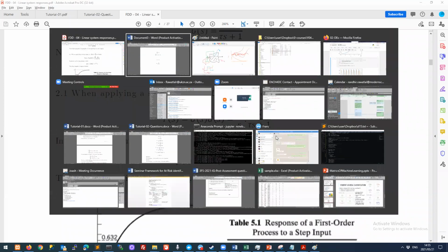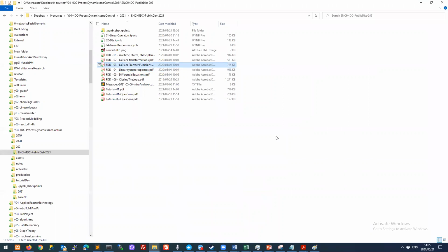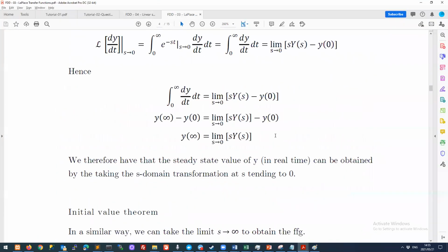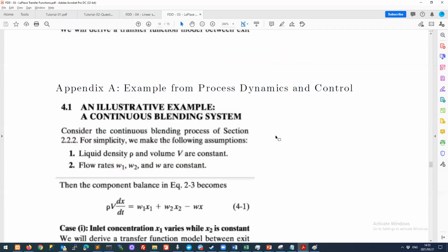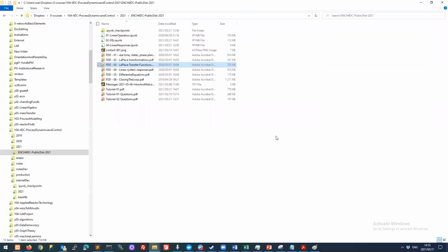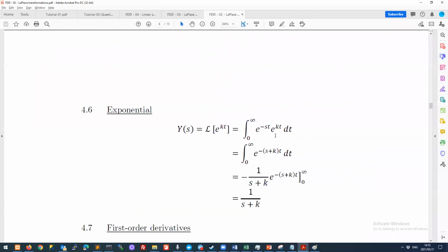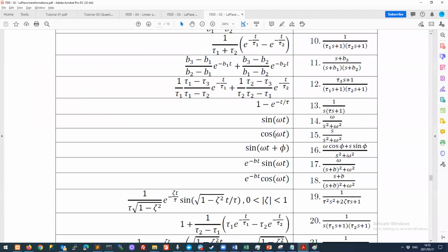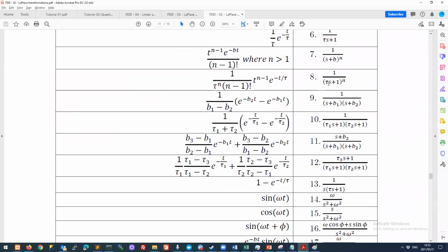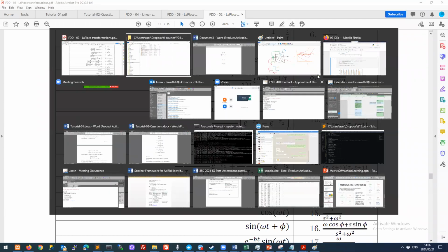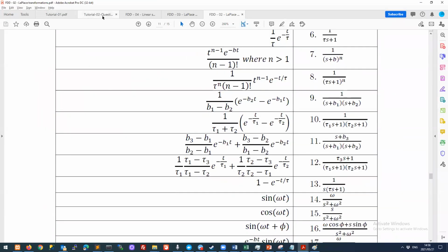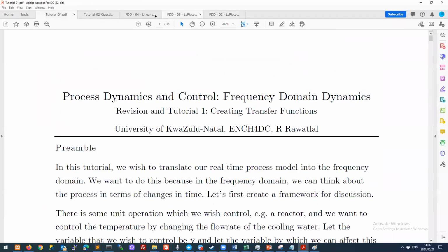Remember, in the third set of notes, we have this nice table. I hope it's in the third set of notes. Okay, let's try here. Maybe it's the second set. The second set, sir. Thanks. Yeah. So you just look up that form of equation, and then you look up the equivalent time version of that.